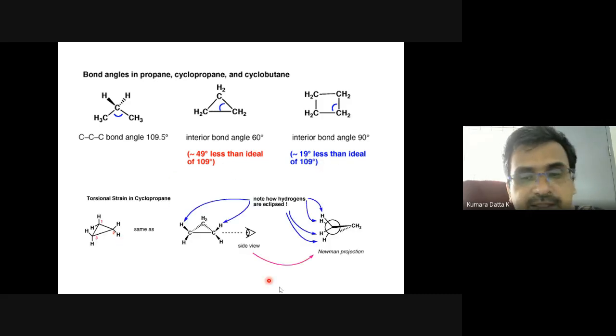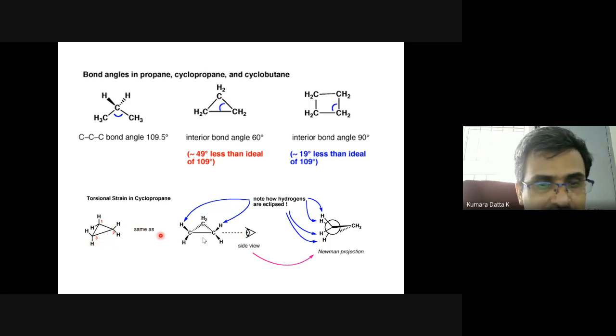Now, let us see the Newman projection, how to draw torsional strain. You can draw the 3-membered carbon ring as you are seeing it. You can see it viewing from this direction. This part is away from you, and this is towards you. Both carbons, 2 and 3, are towards you. So accordingly you write the CH2, hydrogen, hydrogen, and for the back part you write 2 hydrogens here.